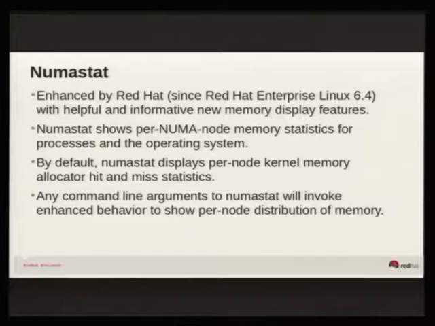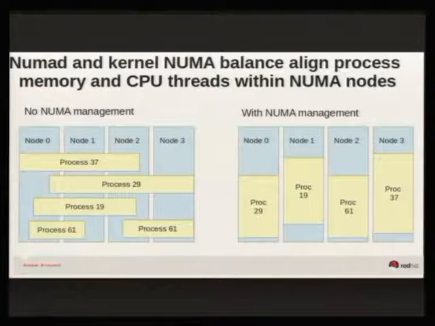The utility numastat was at least enhanced by Red Hat, and it allows you to look at a system and really understand what your memory access patterns are looking like and what you're getting for local versus remote memory access. If you have a system that is, say, 4 nodes, and you're running 4 processes, and you just start them all up and don't do any NUMA work at all, then you end up with what's over on the left here.